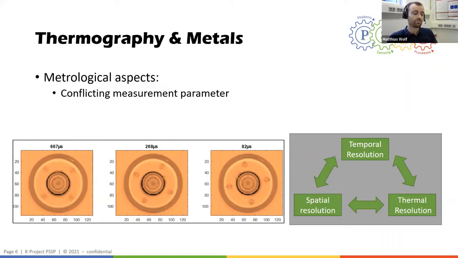On the other hand, one benefit of lowering the integration width is the reduction of motion blur, which is shown on this slide, where the same rotating object is recorded at three different exposure times.